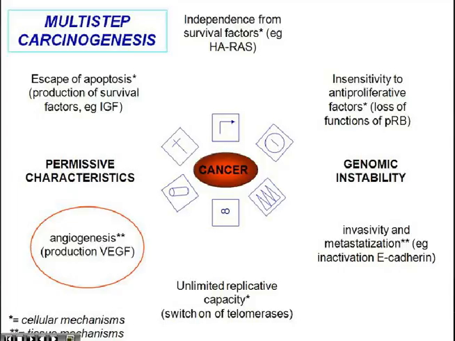Some are permissive, some are genomic instability, and a 7th has been described recently, which is the inflammatory environment. But of all these, there is one, angiogenesis, which might be detectable from outside. For all the others, we need some piece of tissue.